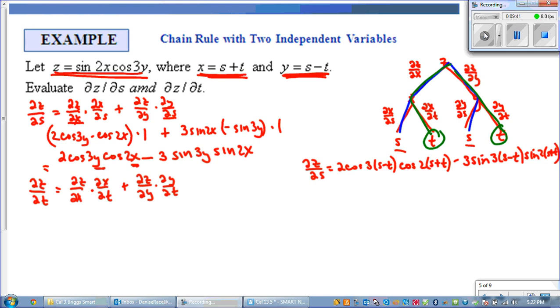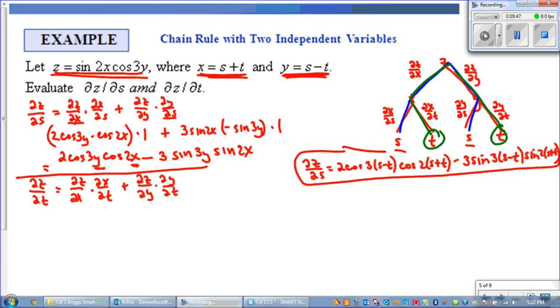Okay, now the second problem. We want the partial of z with respect to x, which we already found up here. We don't have to re-find it.